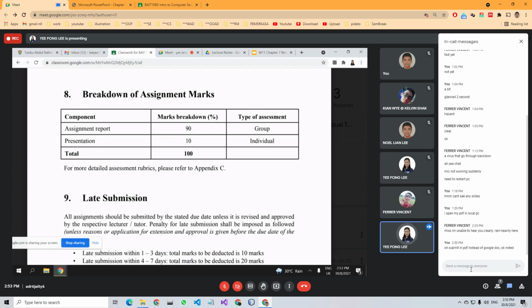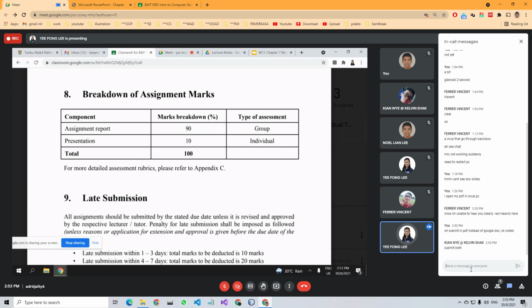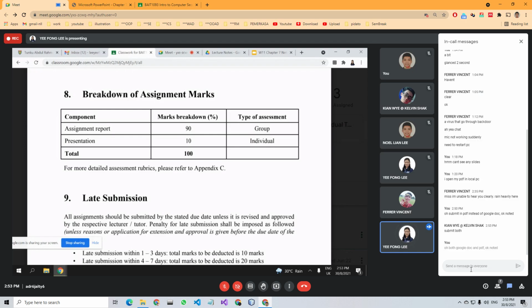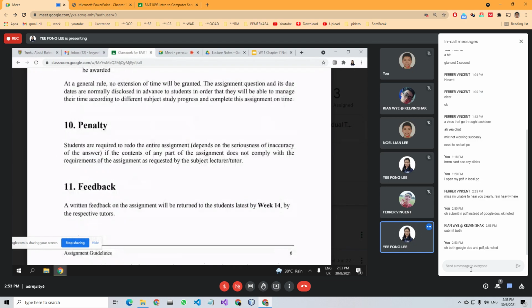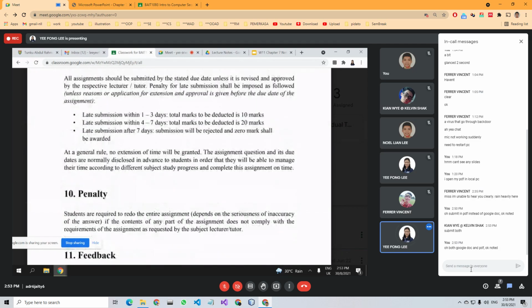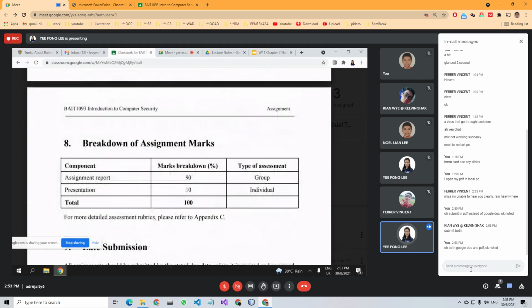In week 13 we only have 30 slides, a very short lecture. So after lecture, presentation. I think it's a very good timing this semester, as we wished. So week 13, prepare your PowerPoint slides, 10%, 10 marks. Please dress formally for the presentation, formal on top, and you have to turn on your camera when presenting.